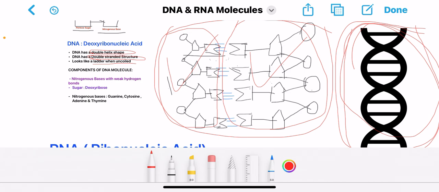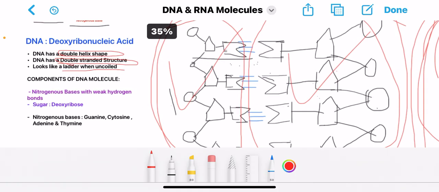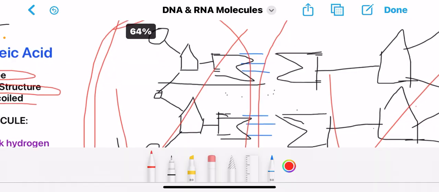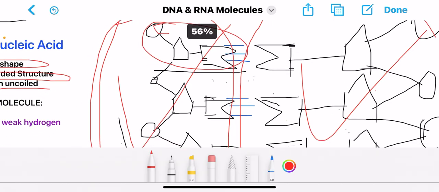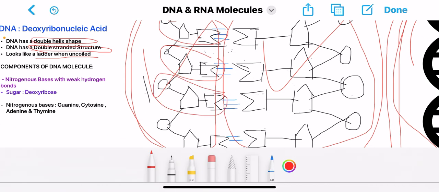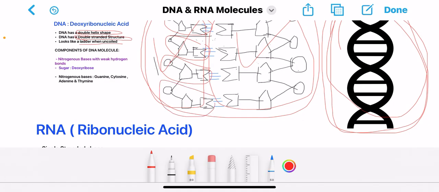And remember when I said nucleotides are building blocks of what? Of DNA. They consist of a phosphate group, pentose sugar, and what? Nitrogenous base. This is our nucleotide. First nucleotide, second nucleotide, third nucleotide, and fourth nucleotide.